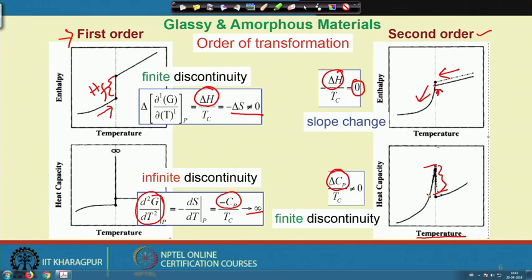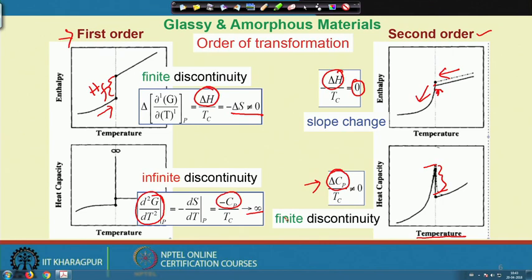So, if you take any solid and try to study the phase transformation process in a DSC, and look at the Cp changes or enthalpy changes, then we can simply see whether it is a first order transformation or a second order transformation.